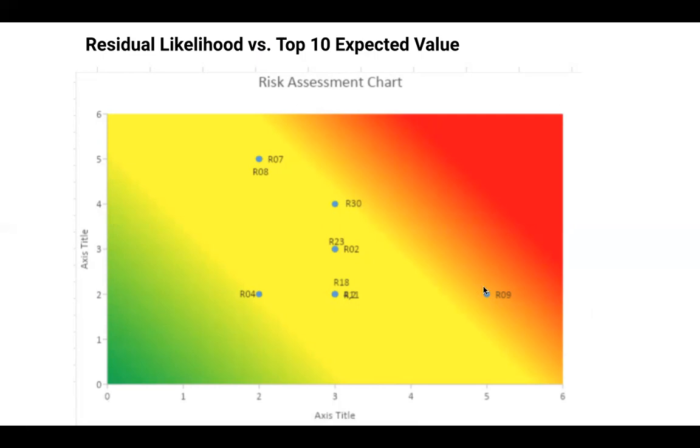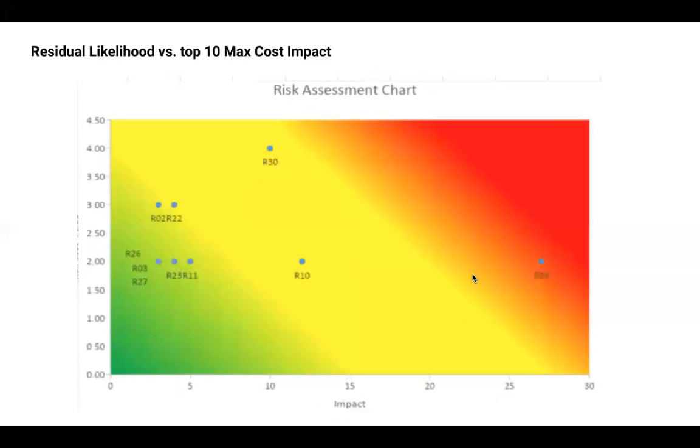So you're seeing the risk 9, which Allison referred to earlier, infestation as being closer to the red area and therefore more impactful in cost. And so that would be something we definitely would want to pay close attention to and apply our efforts to mitigating.